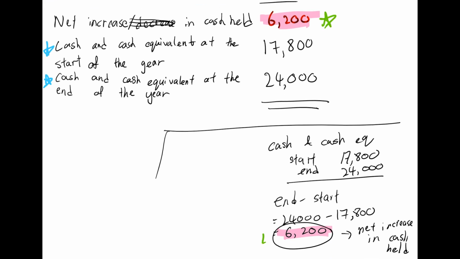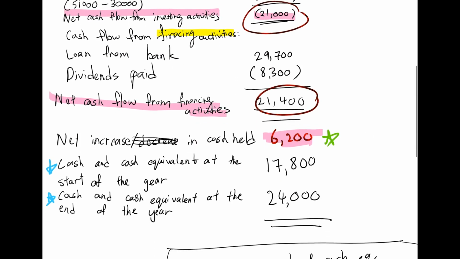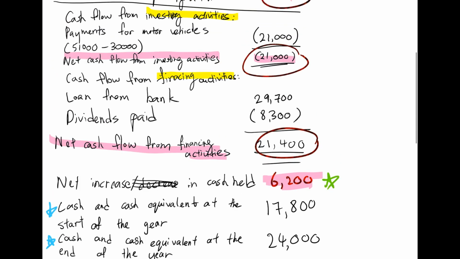If these two are the same, which means that you have done your calculations correctly and you are done with the whole statement. Okay, so this is how you prepare your investing activities, financing activities, as well as how to close this statement.